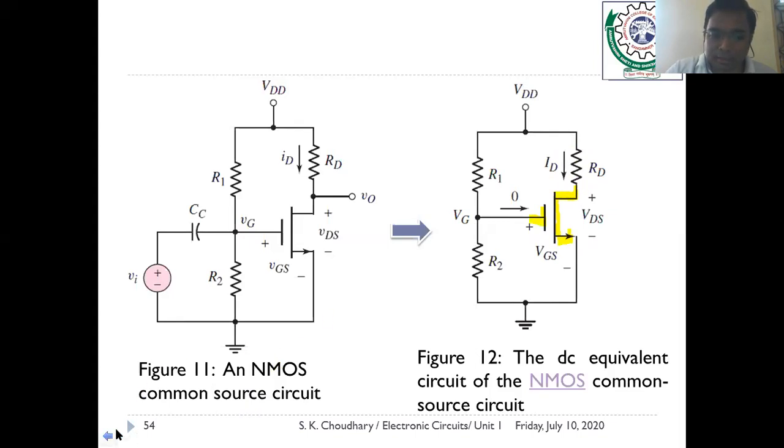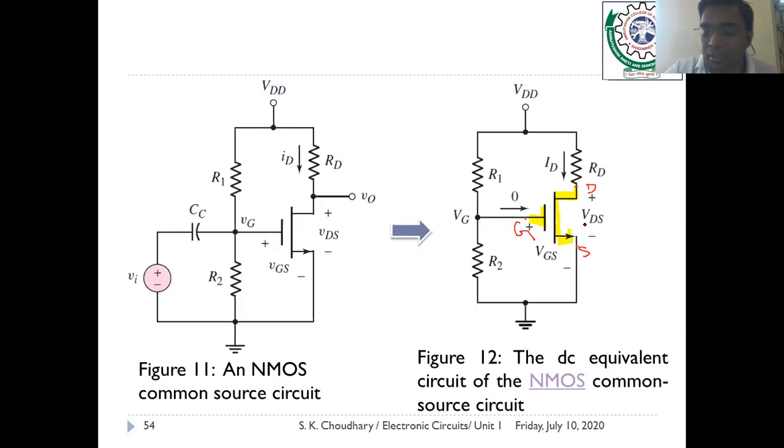This is your drain. In the N channel MOSFET, drain is always at the top and source is always at the opposite end, the bottom. Okay, and this is your gate terminal. So in this way, first of all, you have to indicate these three terminals, then it is easy for you to draw the rest of the circuit.